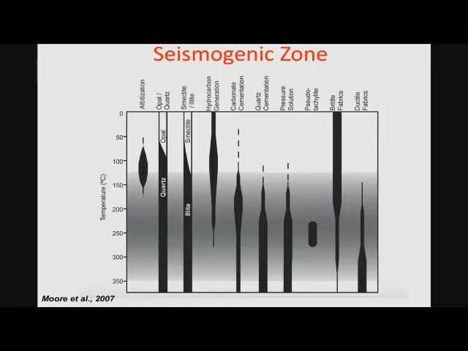So either carbonate cementation or quartz cementation, pressure solution. I mentioned at least mineral transformations. So those are kind of the thoughts of what's going on at the up-dip edge.